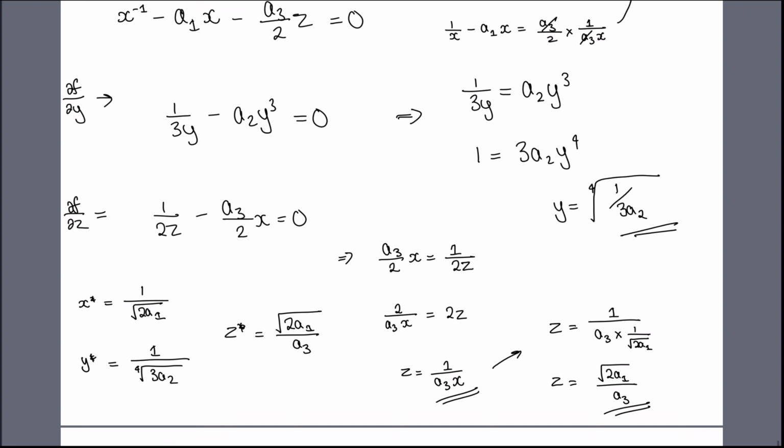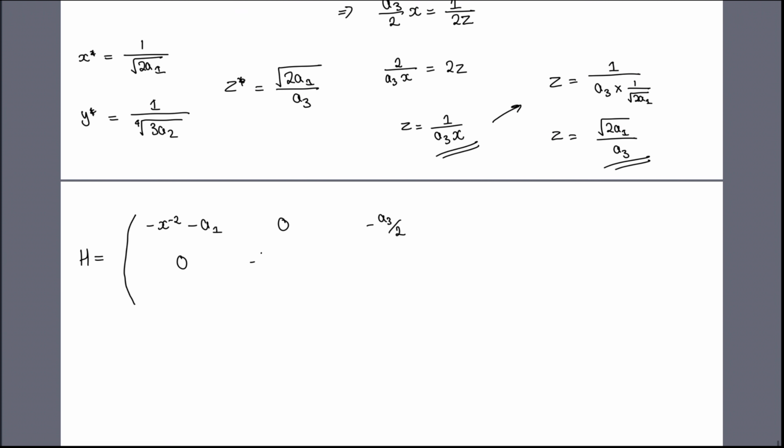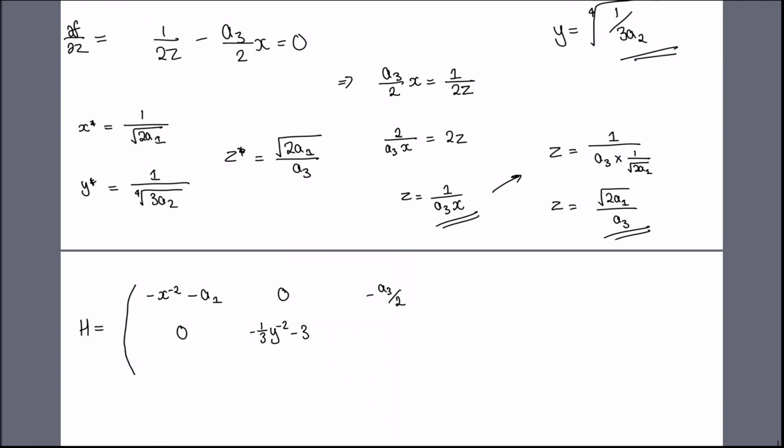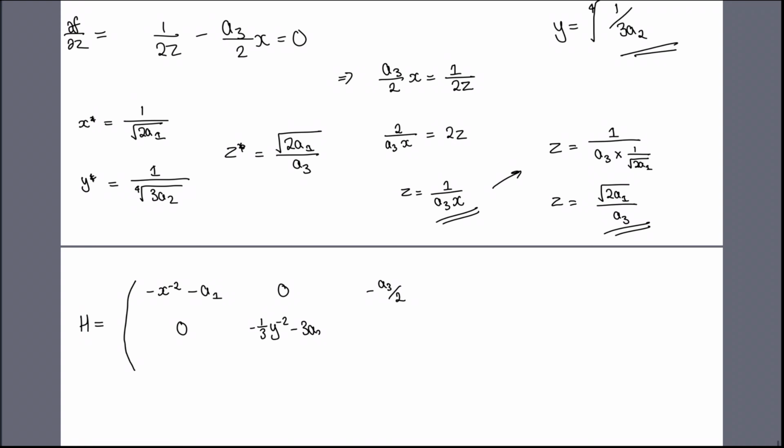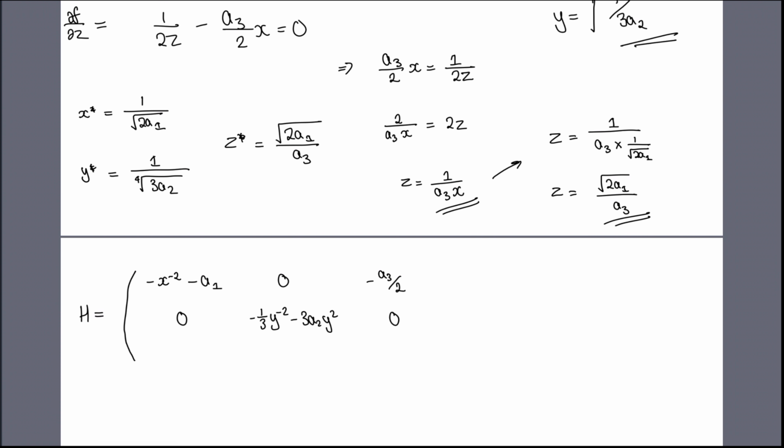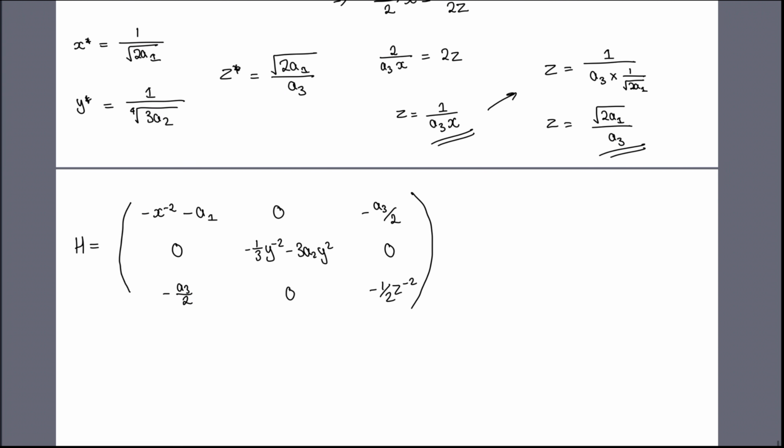Differentiating it with respect to y gives us minus 1/3 y to the minus 2 minus 3a2y squared. Differentiating it with respect to z gives us 0. Differentiating this now with respect to x gives us minus a3 over 2, 0, and then minus 1 over 2z to the power of minus 2. Cool. So here's our Hessian.